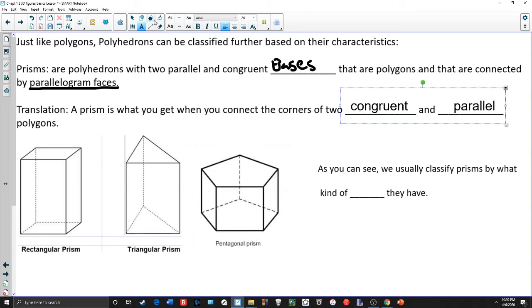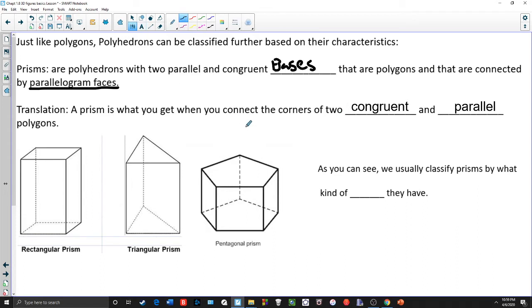Parallel meaning that they're lying in space where they wouldn't intersect each other. So for example, rectangular prism, you have a rectangle down here. You have another rectangle up here. And you have them being connected at their corners. Connect the corners, connect the corners, connect the corners, connect the corners. So that's a rectangular prism.